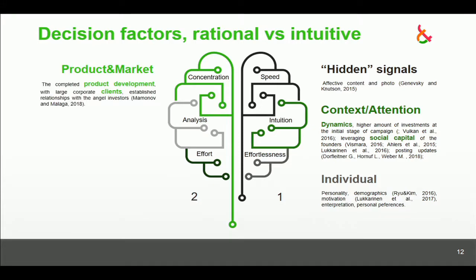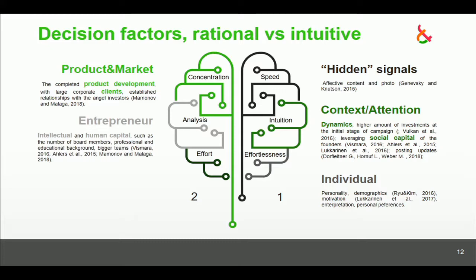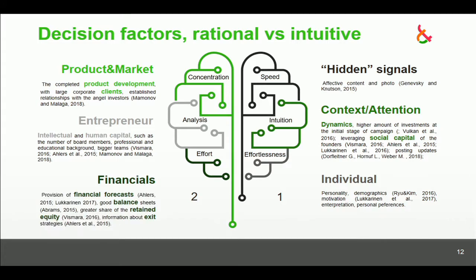These are product and market evaluation, so the product is already developed, it's not a prototype yet, they have clients, and the entrepreneur has good intellectual and human capital, meaning the team is educated and experienced. Then financials are provided, the forecasts are very good, and they have already designed an exit strategy for crowdfunding.